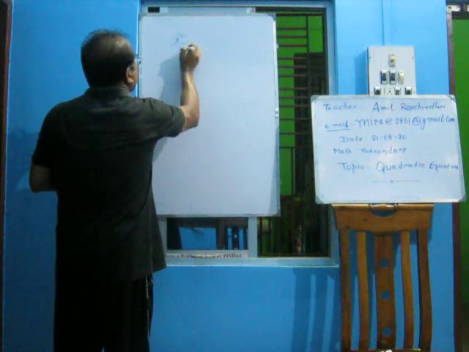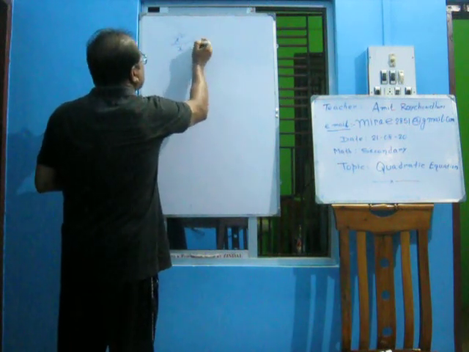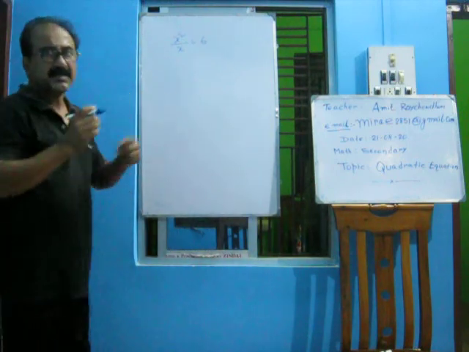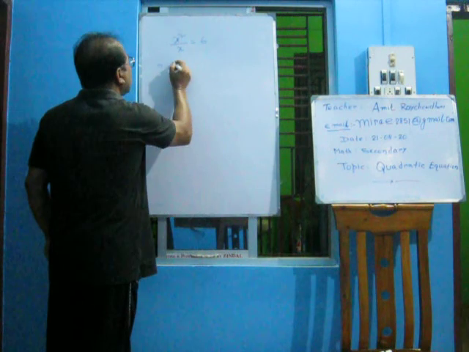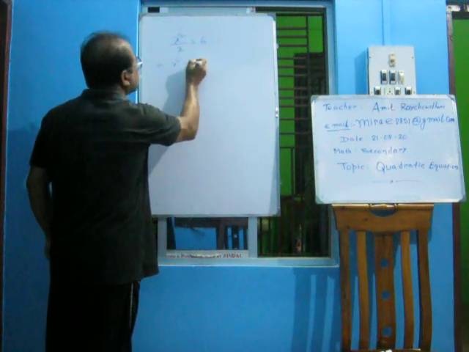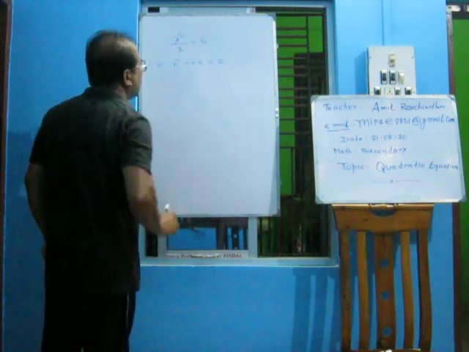For example, x square by x equal to 6. Is it quadratic? By doing some modification, x square minus 6x equal to 0.